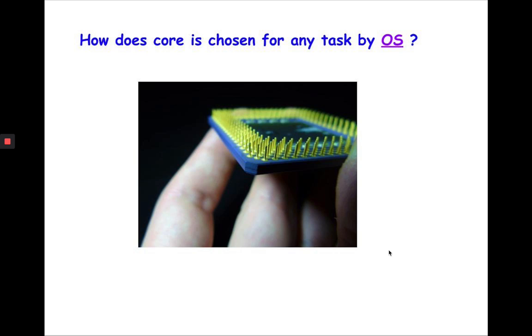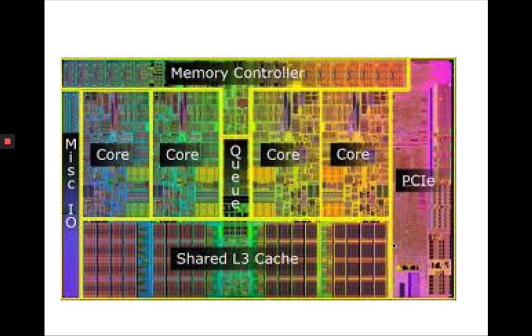Okay, so the operating system is the one that assigns the job to each core, but how depends upon how the cores are mounted in our computer. There are two ways: each core can have a separate chip, or every core is mounted on the same chip, like in this diagram, with a common queue.